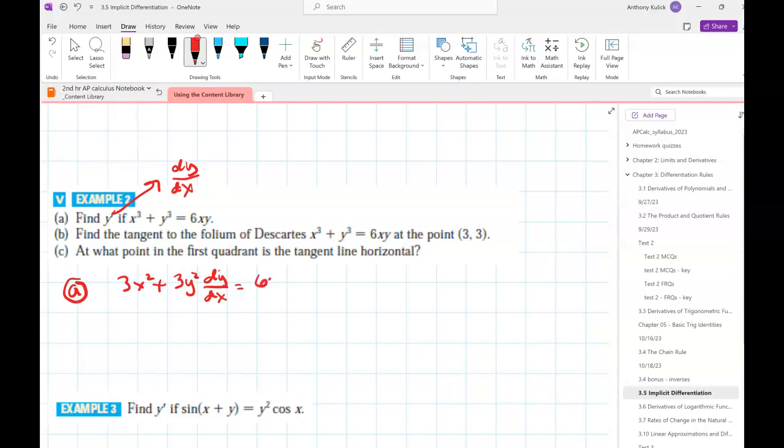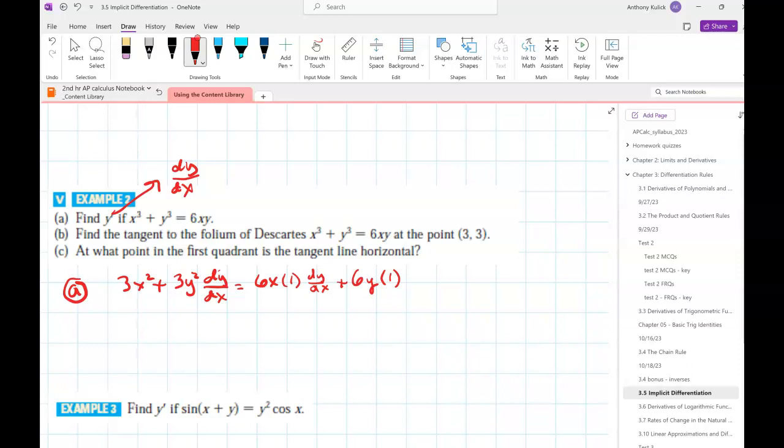So 6x times the derivative of y should be 1 dy dx. And then 6y times the derivative of x should be 1. No, this makes sense. This one's good. I like this. Yeah, this one's making sense so far.